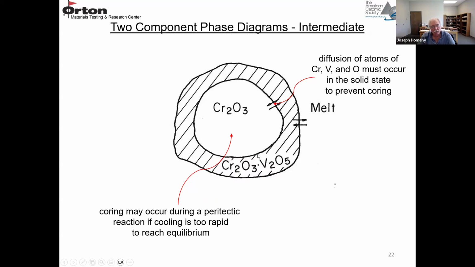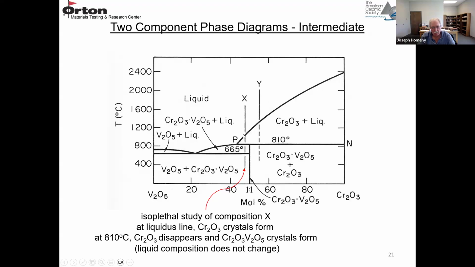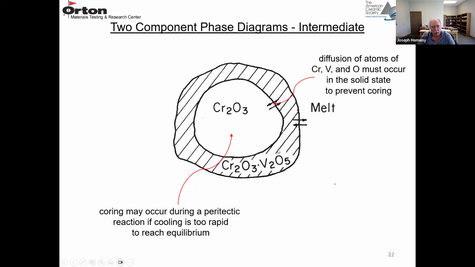So when we're going through this transformation where we start out with Cr2O3, and then we're crystallizing this one-to-one ratio of Cr2O3 to V2O5 along X there, we first crystallize Cr2O3, and then we're trying to crystallize Cr2O3 V2O5.